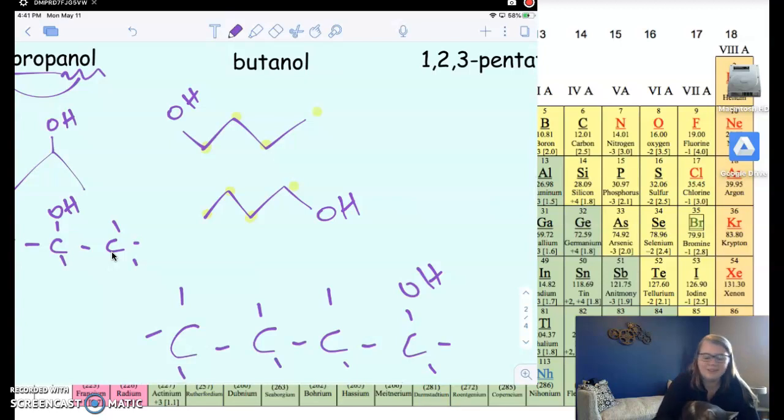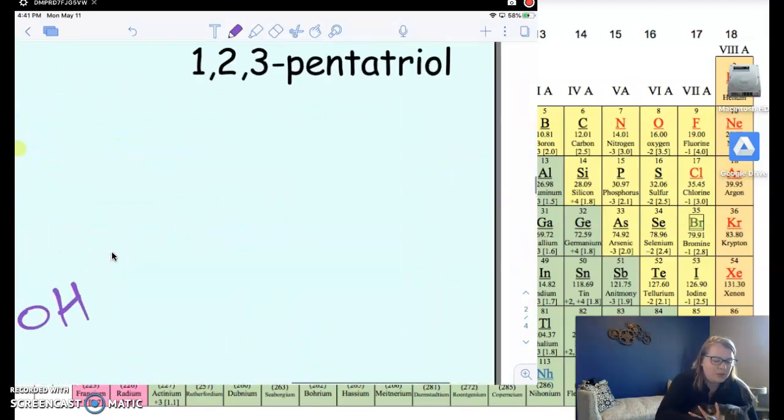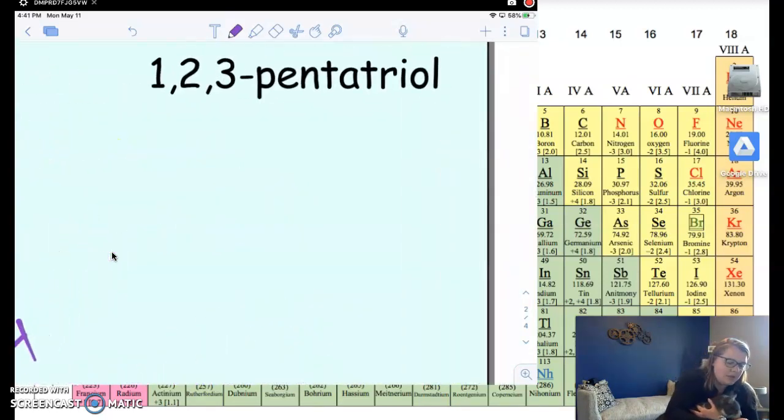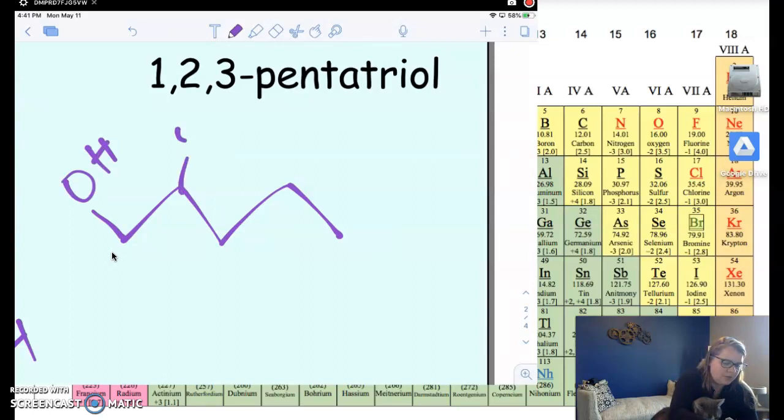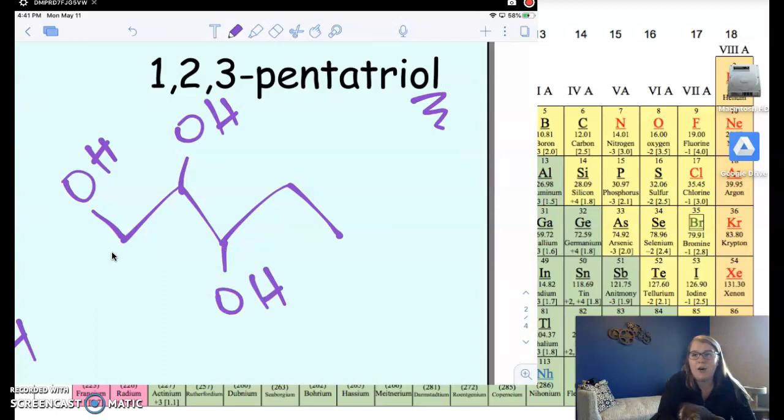All right, last one, 1,2,3-pentanetriol. So 1, 2, 3, 4, 5. So start with your 5 carbons. And then it looks like on the 1, the 2, and the 3, I have an alcohol. That's that ol ending. And I knew there was 3 of them because of the tri prefix.